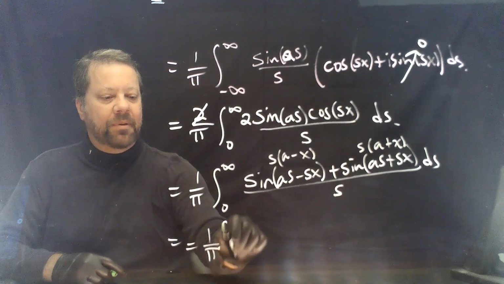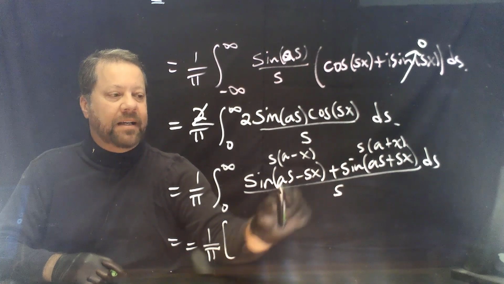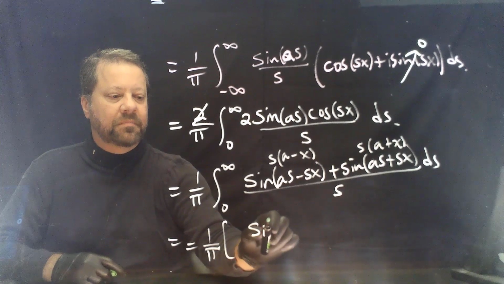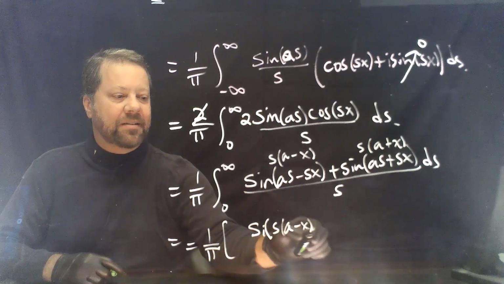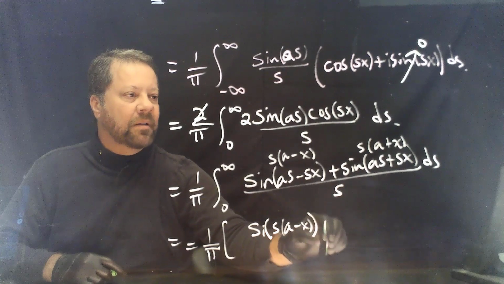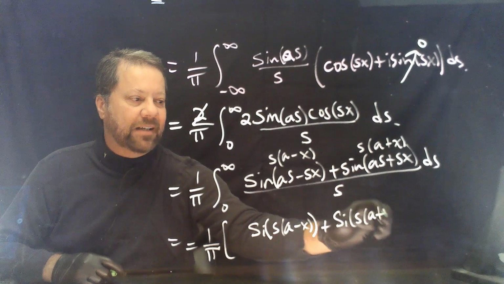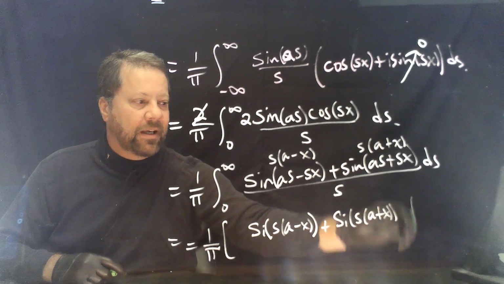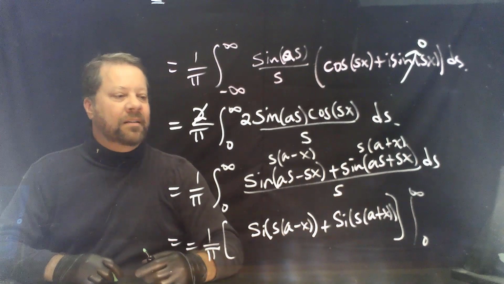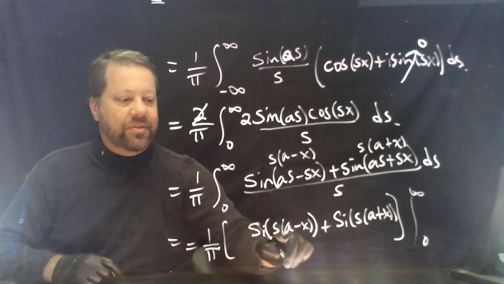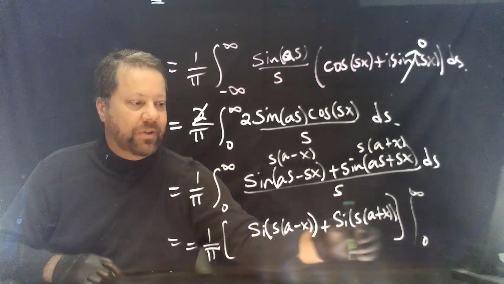And we'll end up with the sine integral of s times a minus x plus the sine integral of s times a plus x. And keep in mind we're evaluating from 0 to infinity. The sine integral at 0 is 0, so we'll get 0 when we plug in 0 here and here.